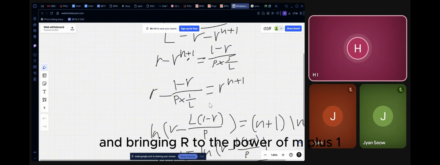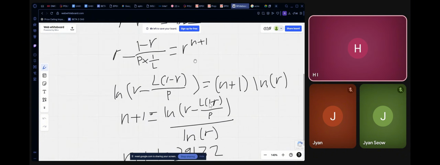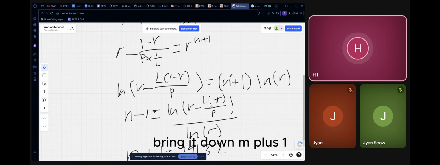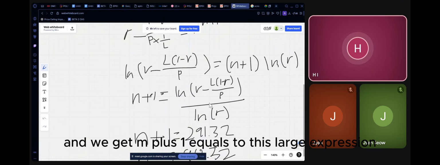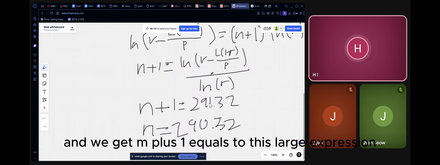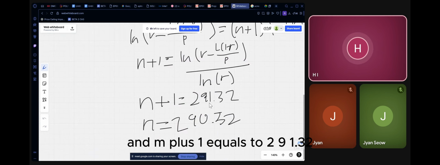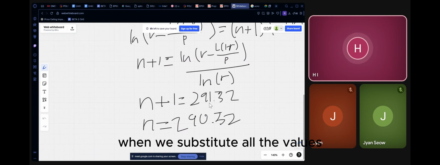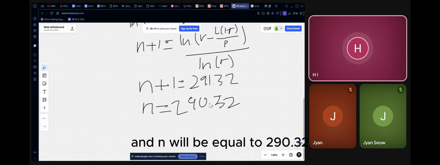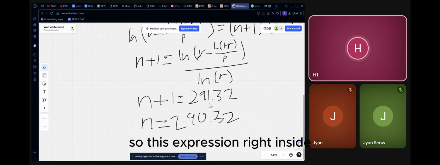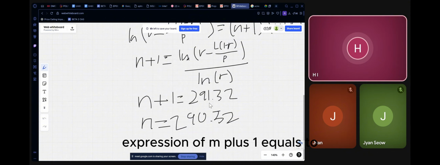After that, we take ln of both sides, bringing down n plus 1, and we get n plus 1 equals this large expression. n plus 1 equals 291.32 when we sum in all the values, and n will be equal to 290.32.